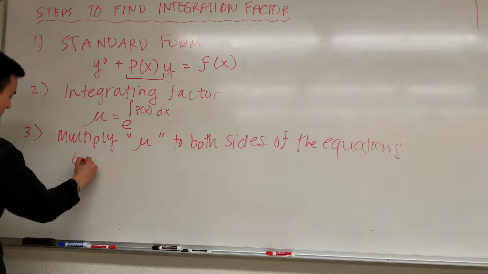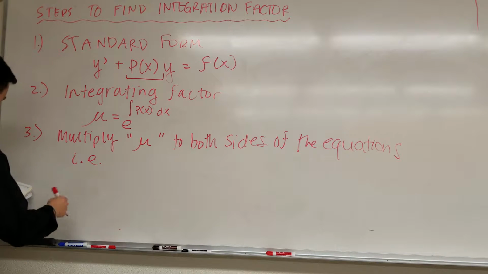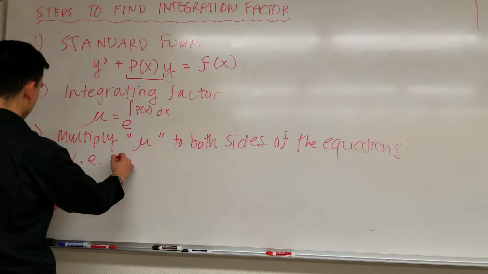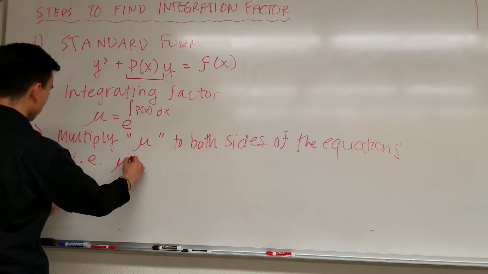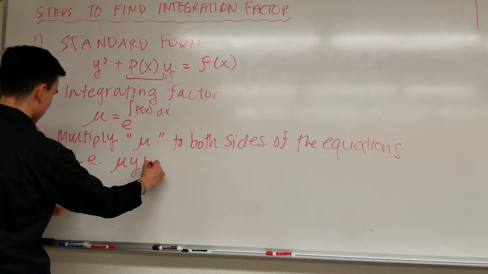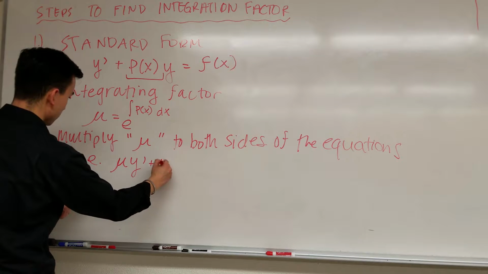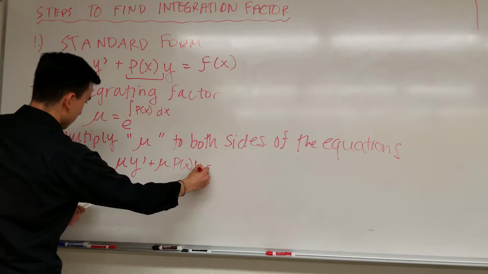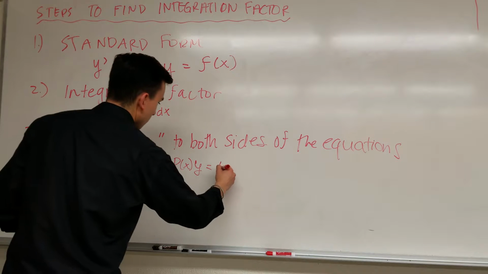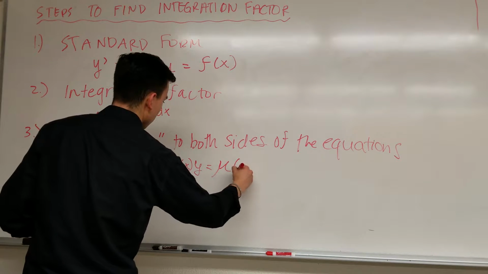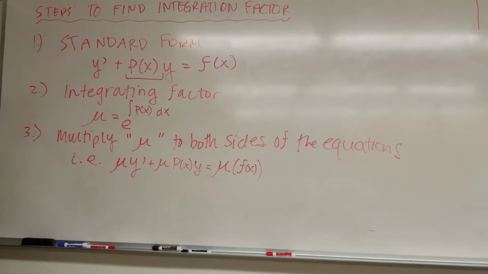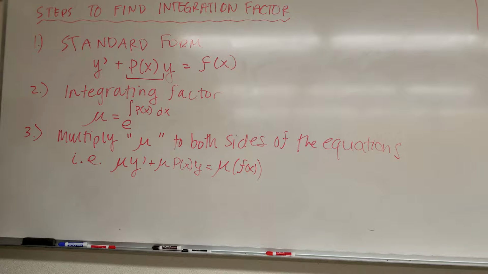For example, if you don't know what I mean by that, you're going to end up with mu times y prime plus mu times p of x, y is equal to mu times your f of x. So you multiply to both sides, now everyone gets the mu.